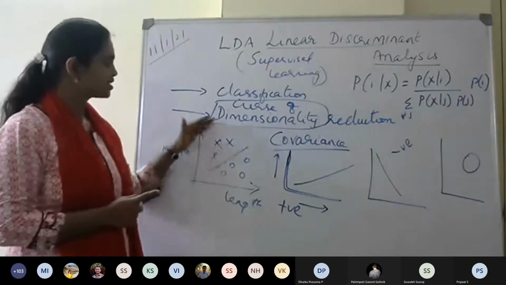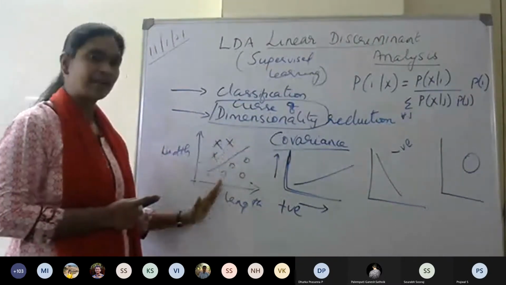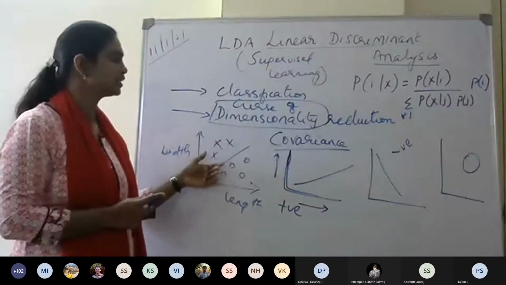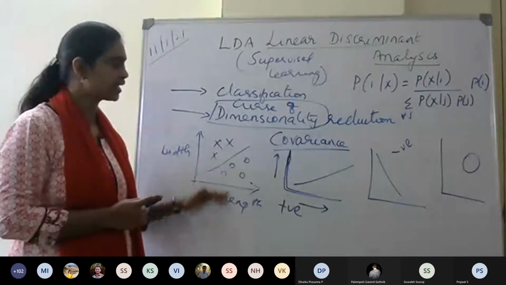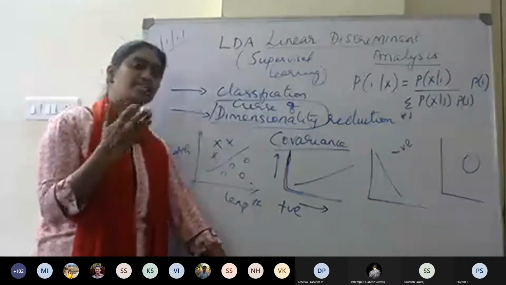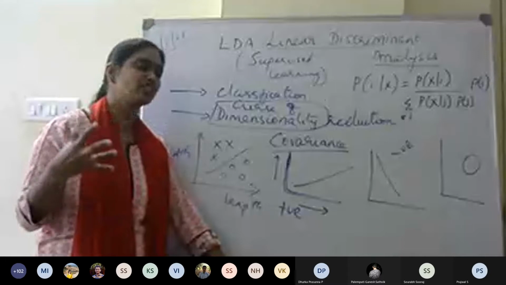Whereas if the width is increasing for its average length or for a moderate amount of length, then I can classify into another class. So in this case, it is having this kind of a trend. Okay. So it depends on how I am going to classify my objects based on certain features.